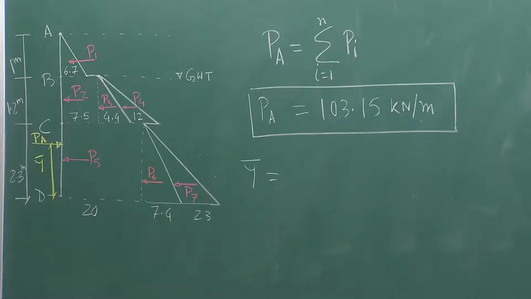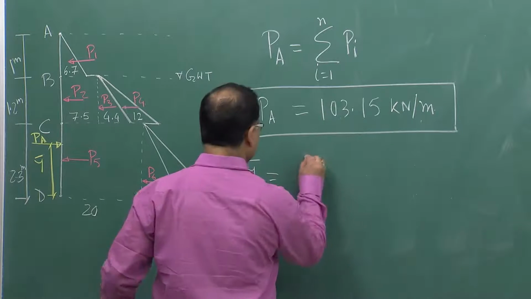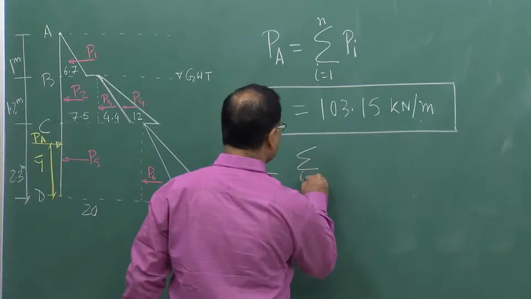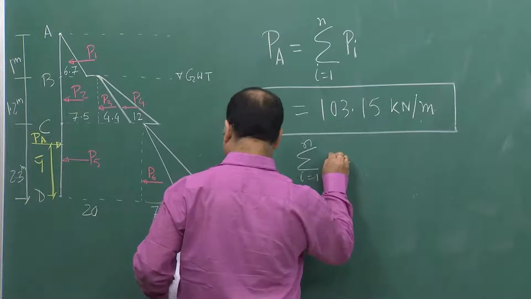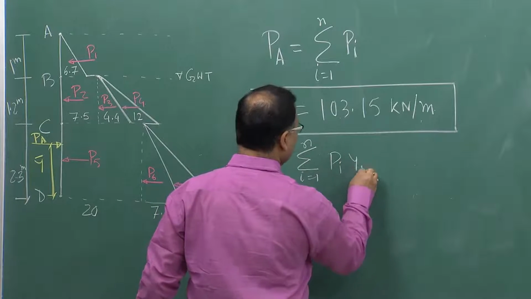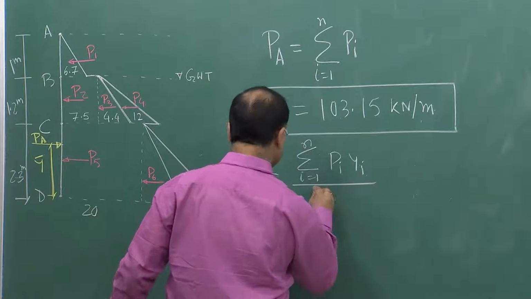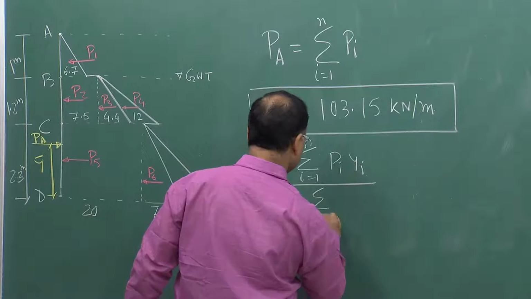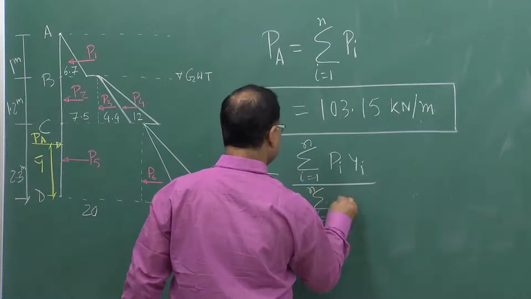Then y bar is equal to summation of Pi yi by summation of Pi.